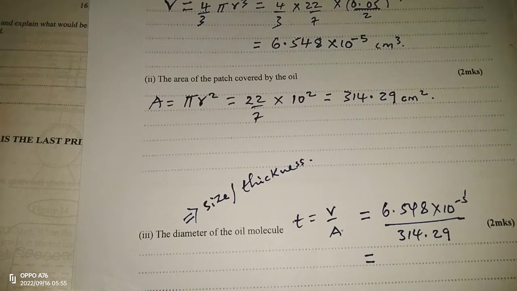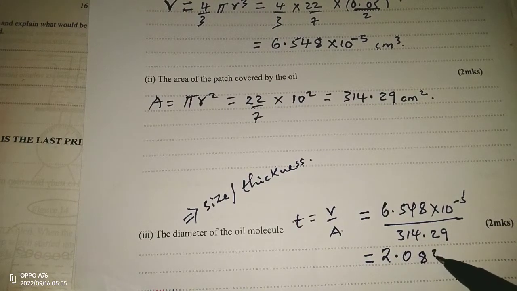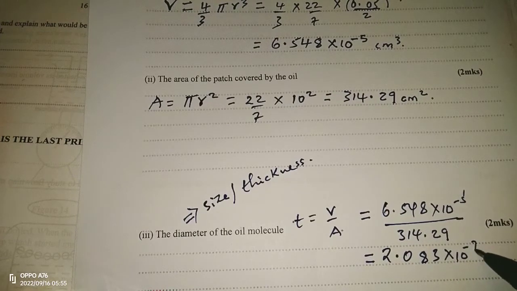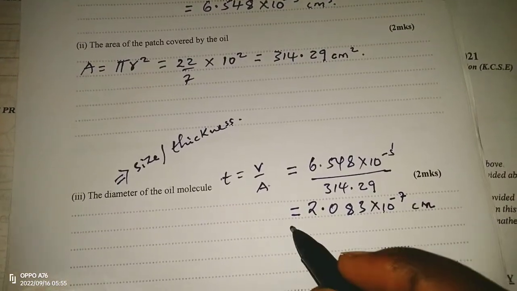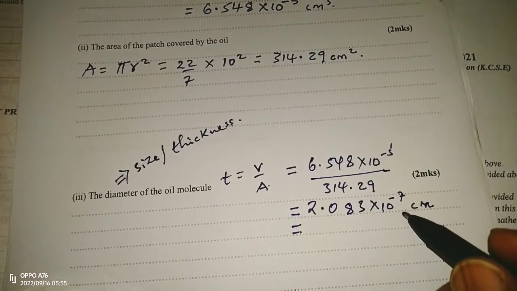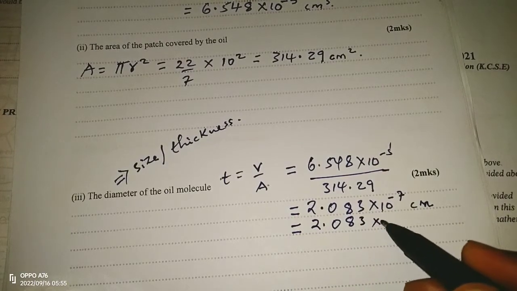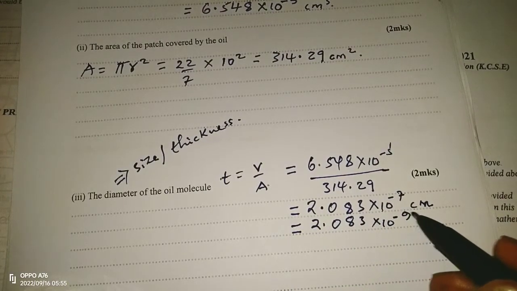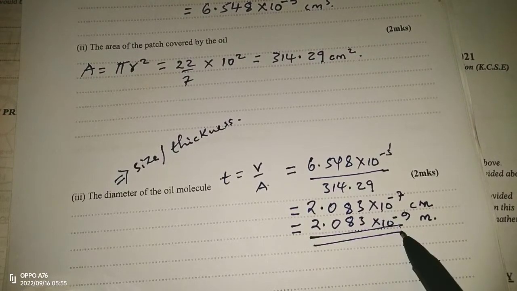When we divide the volume by 314.29, I'm getting 2.083 times 10 to the power of negative 7 centimeters. If the diameter has been given in centimeters, then in SI units we divide by 100 and we will have 2.083 times 10 to the power of negative 9 meters. That is when we have made it the SI unit.